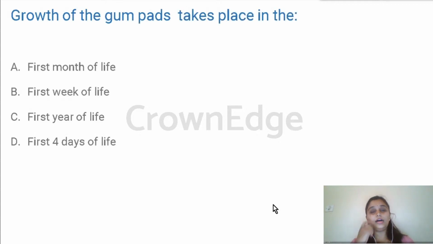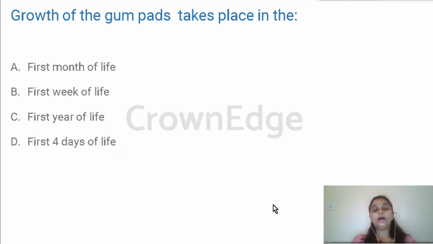That is actually in the first year of life. So if you see in the gum pad stage, then obviously the child does not have any teeth. It's a very clean gum pad which is pink, firm, and resilient. And the growth of the gum pad basically takes place in the first year of life.